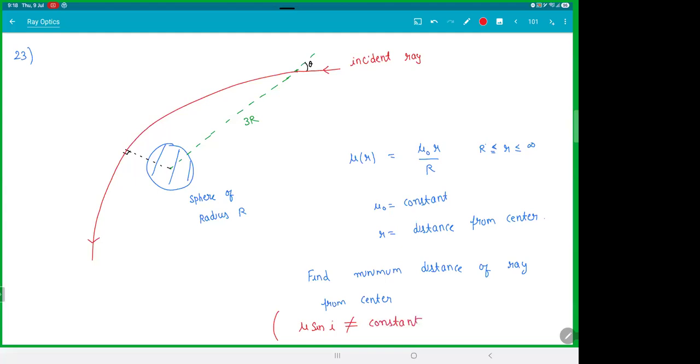Here it is radial. This is valid for slabs. You derived this when the medium was changing slab-wise. Here it is changing radially. So you can't use this formula anymore. So we need to derive a new relation between mu and I.